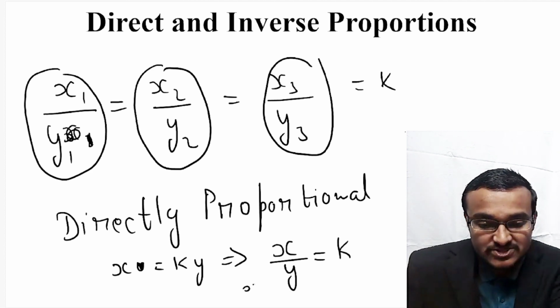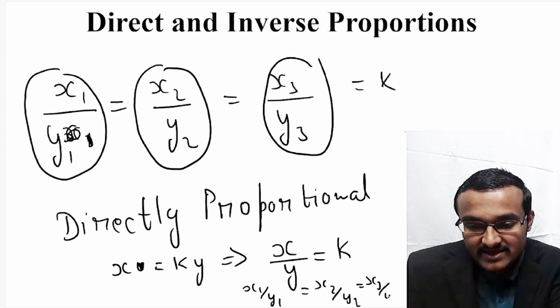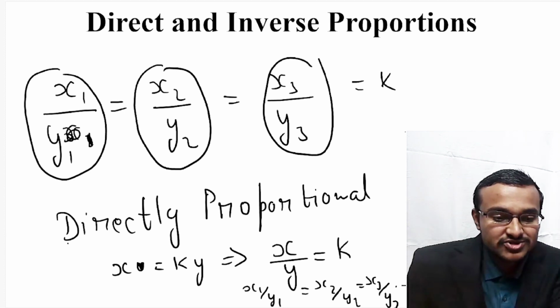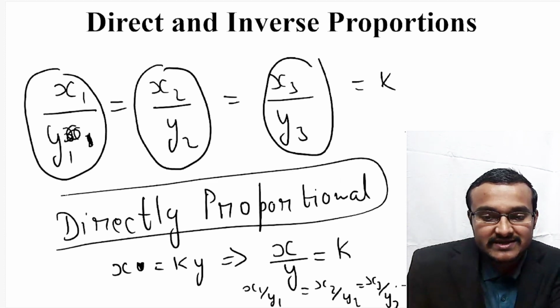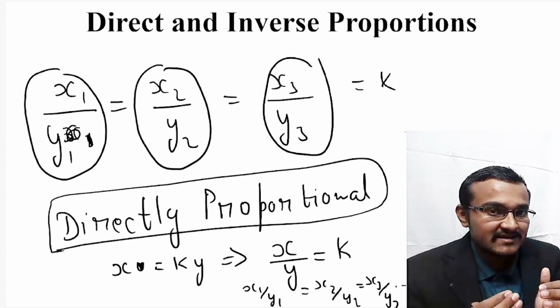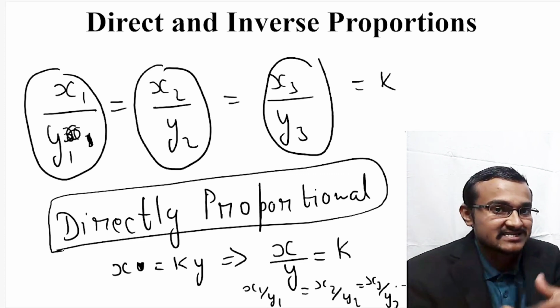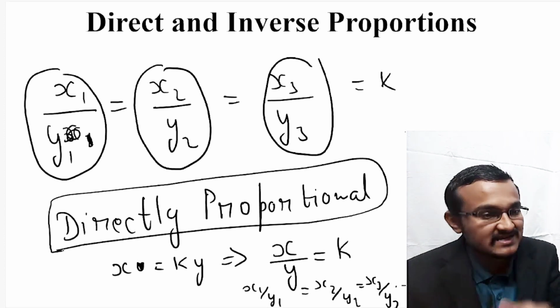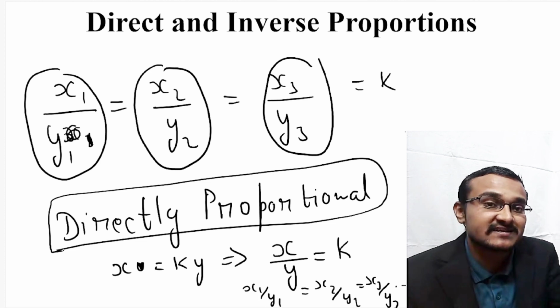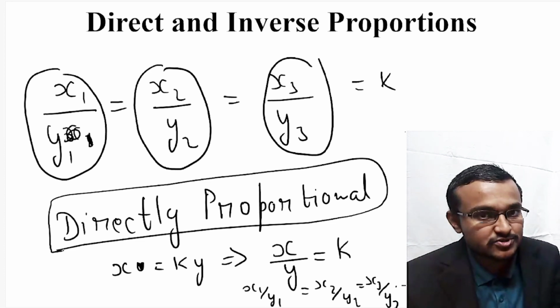So here x1 by y1 will be equal to x2 by y2 will be equal to x3 by y3, and it goes on like this. So this is the direct proportionality. Here x and y are varying accordingly. When x is increasing, y is also increasing. When x is decreasing, y is also decreasing, and there is a proportionality constant which is linking these two physical quantities. So this is all about direct proportions.